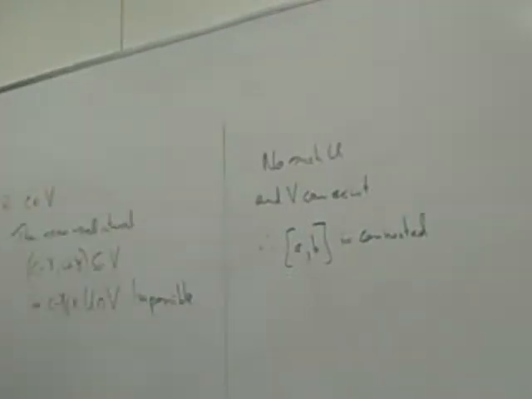So the argument just depends on finding a point where you transition from one of the open sets to one of the others. And then the fact that you can find a small open interval around that, it must overlap with U in one direction and overlap with V in the other direction.